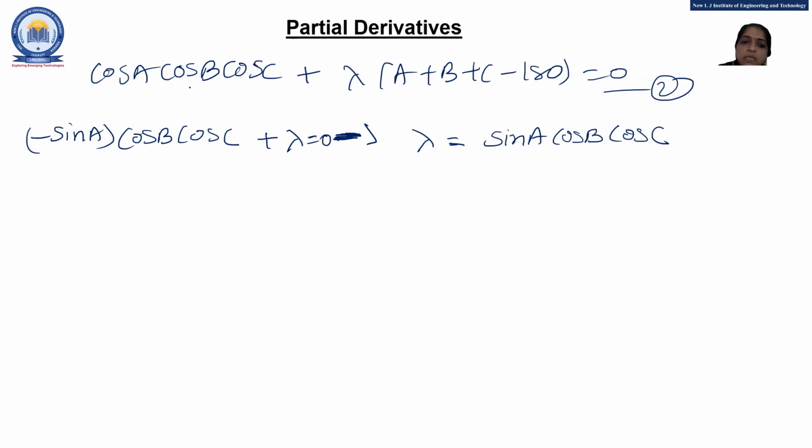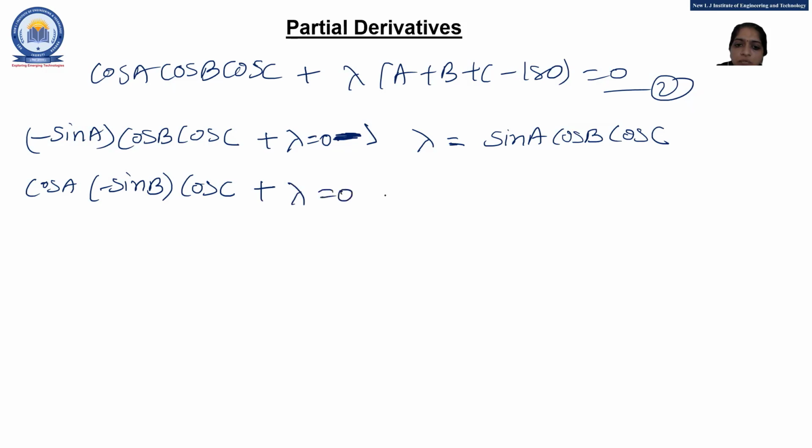Similarly, after differentiating equation 2 partially with respect to B, cos A stays the same, the derivative of cos B is minus sin B, and cos C again remains the same, and the derivative of the second term, that is the derivative of B with respect to B, is 1.